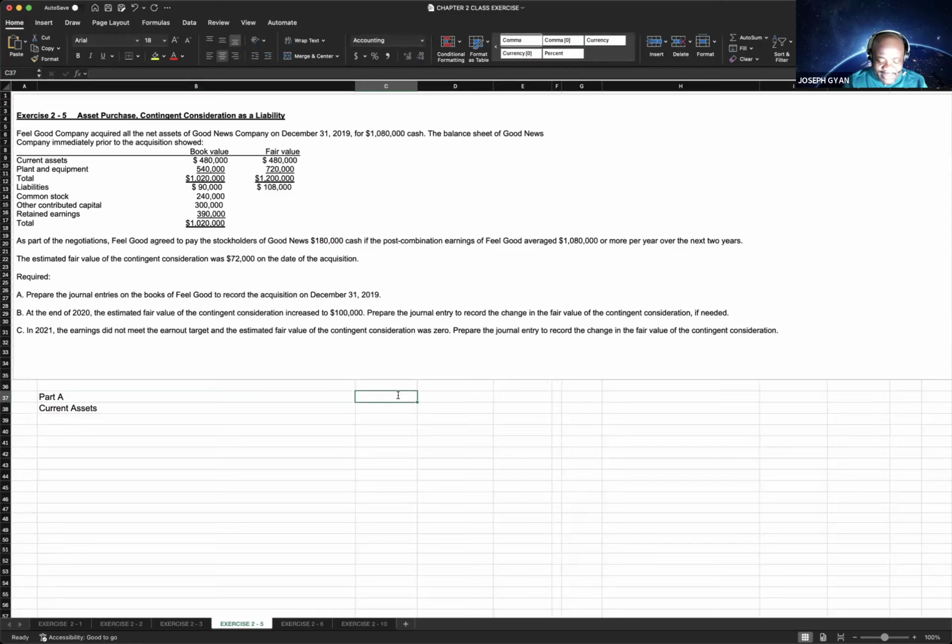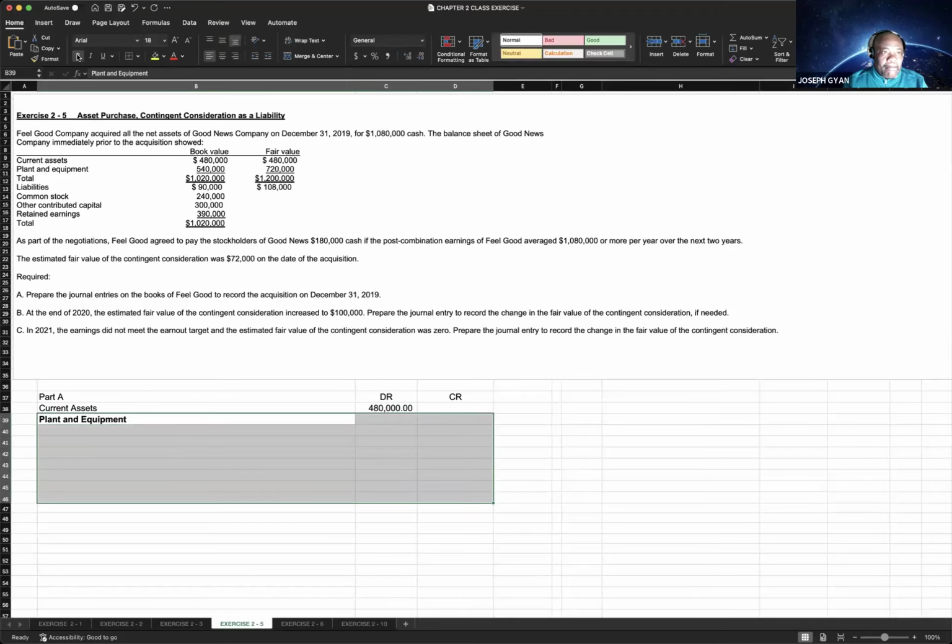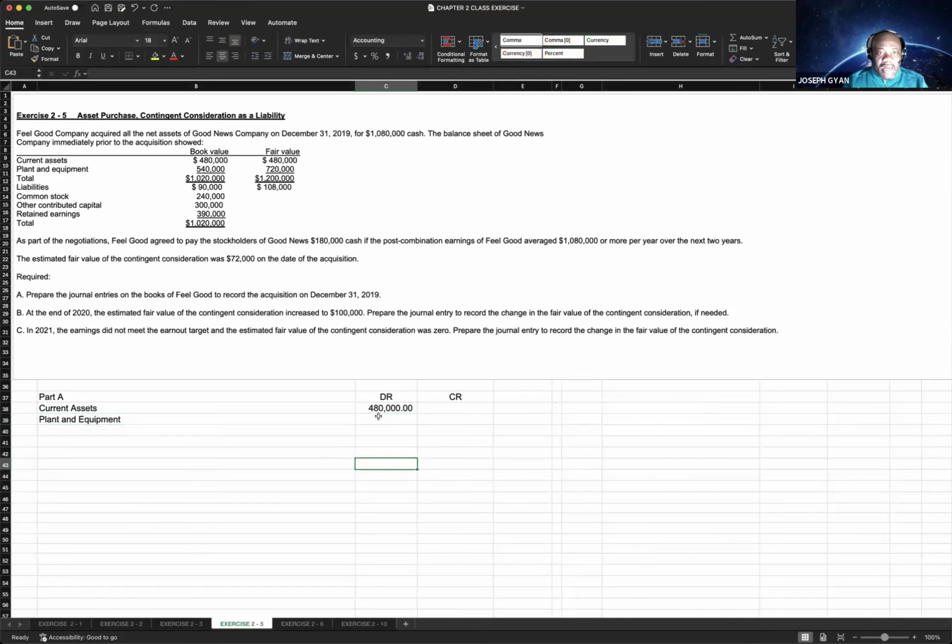I know you guys know already, but let's do it. Of the 480,000. We also have the plant and equipment, which is the 720,000 here.